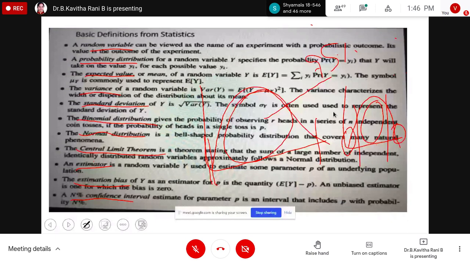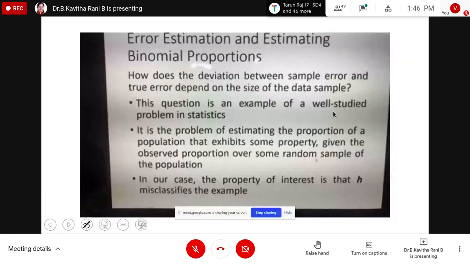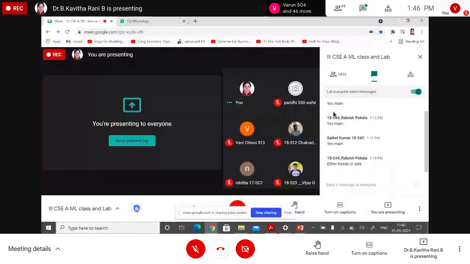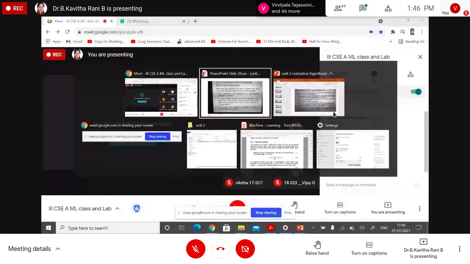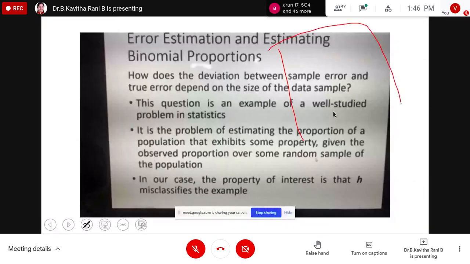Next is error estimation and estimating binomial proportions. This is the total data, and from this I am taking only a sample. So what is the error associated with the sample, and how does that influence the true error associated with the population? Here I am finding the sample error.